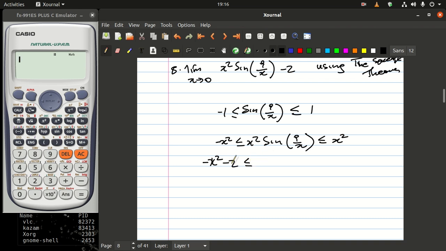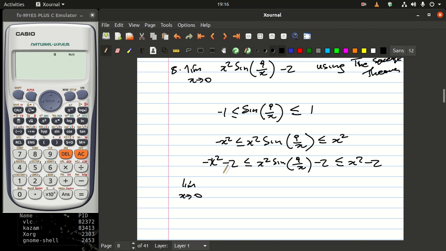The reason I'm separating these two is that I want to end up with this whole function in the middle. So I will have x squared sine of 9 over x minus a 2 less than or equal to x squared minus a 2. And then I take a limit throughout and see what I'm getting.